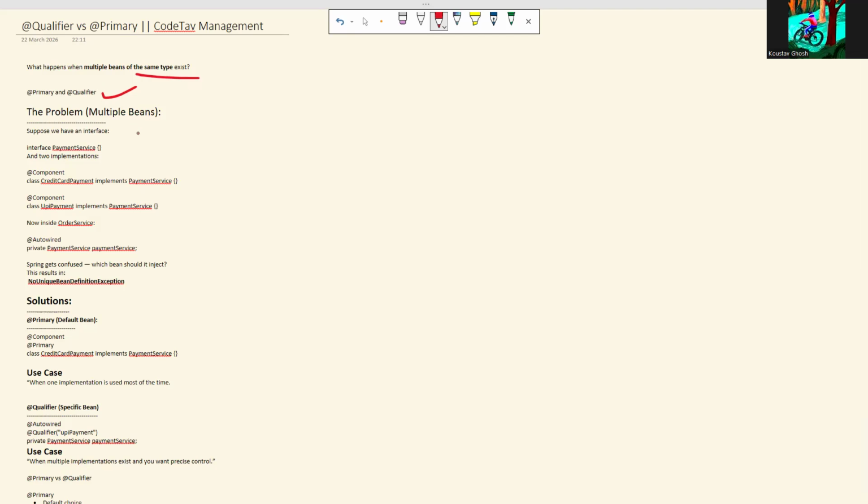First, we will understand the problem. We always need to understand the problem, then we can solve it. Suppose we have an interface, the payment service interface, and there are two implementations: the credit card payment service class and the UPI payment, both implementing this payment service.